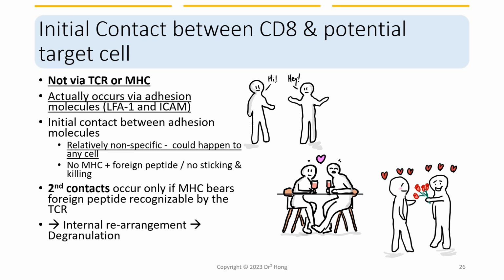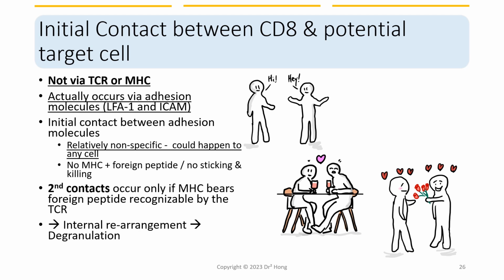Now, when there is a second contact, if there is an MHC molecule bearing a foreign peptide that is recognizable by the T cell receptor, magic will happen and chemistry will happen. It's going to rearrange the cytoskeleton, induce degranulation, and kill the target cells. So that's what I said, it's almost like meeting someone.